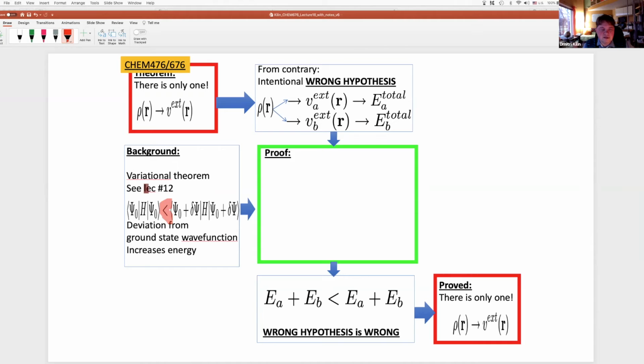So it is the variational theorem that we used before in Hartree-Fock theory. Now we are going to use this variational theorem as a tool to find the contradiction based on the wrong hypothesis that from one density one can get two energies.